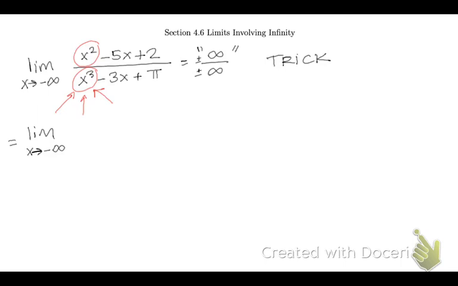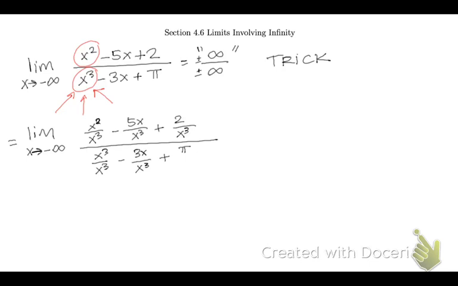All right, so again, I'm going to create a whole bunch of little fractions here. I have x squared. I'm going to divide that by x cubed. I have 5x over x cubed. I've got 2 over x cubed. Everybody's getting an x cubed in their denominator. x cubed over x cubed minus 3x over x cubed plus pi.